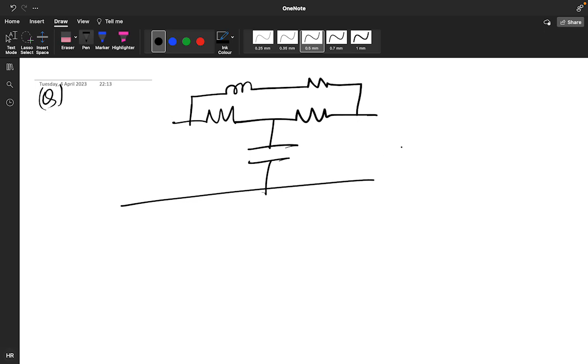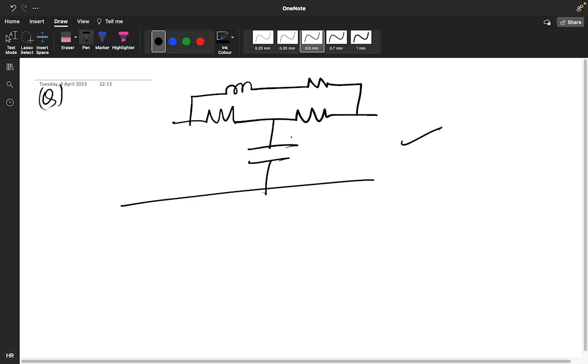You need to find what kind of filter it is. You don't need to draw anything. See, it's very simple. This will be L s, this will be R1, this will be R2, this will be R3, and this will be 1 upon C s.